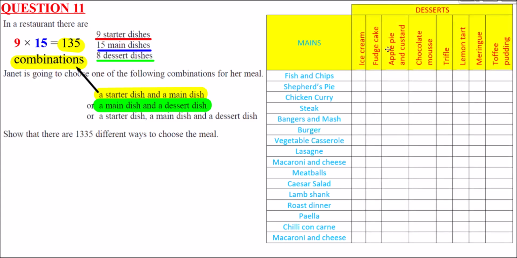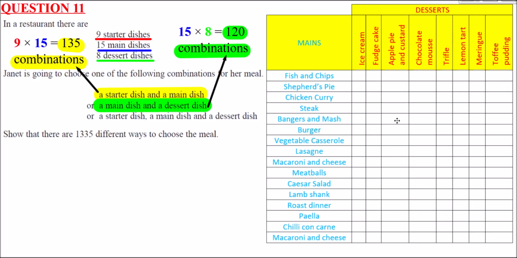And here's 8 desserts. I'd personally go for the ice cream, I think. So you've got 15 rows for each main, but each one has got 8 possible choices to go with it. So this is going to be 15 times 8. Here we've got 15 multiplied by 8 possible combinations she could have. And 15 multiplied by 8, that's 120 combinations.